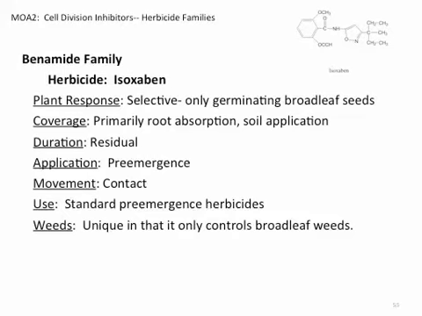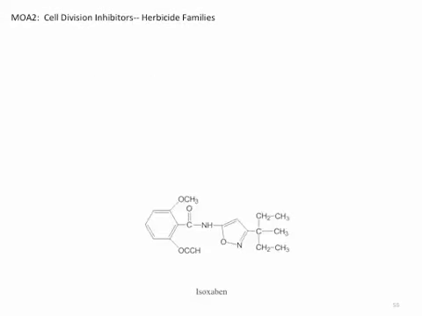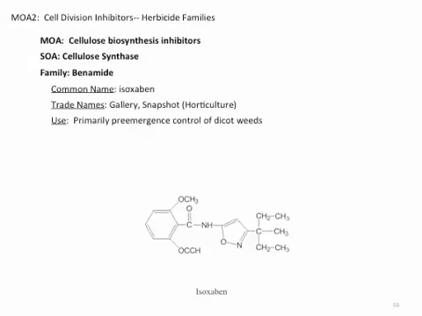Similar to the dinitroanilines, it is a residual herbicide, root-absorbed, pre-emergent, contact in nature, and it does have selectivity as well. Its use is as a standard pre-emergent herbicide, and the weeds it controls again are only broadleaf weeds.